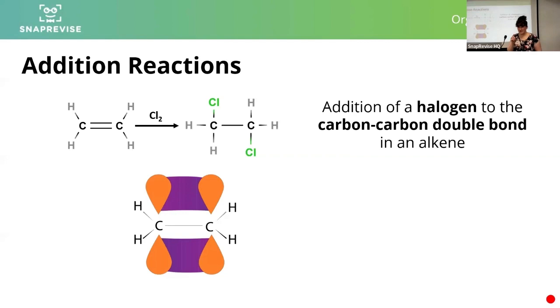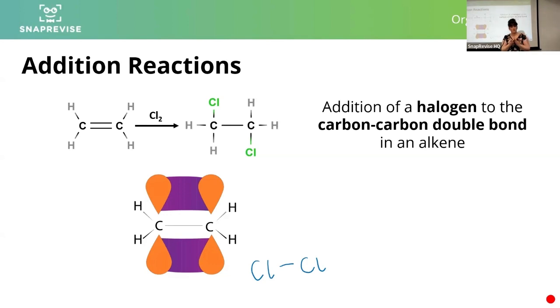We'll very briefly go over the mechanism. So if we have a chlorine molecule, chlorine molecules are not innately polar, because chlorine has the same electronegativity as another chlorine atom. So the electrons are going to spend their time fairly evenly between the two chlorine atoms.